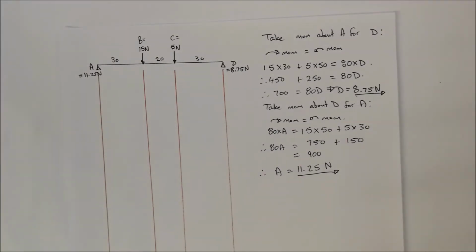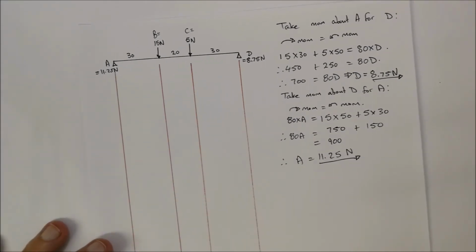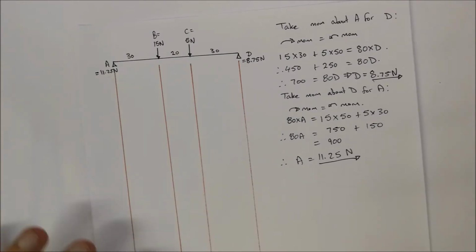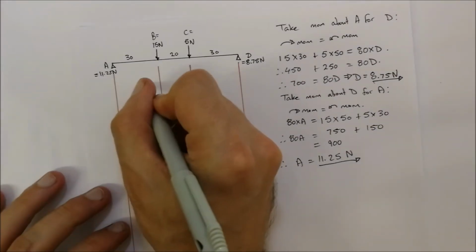Okay, now that we've done that, we need to draw a shear force diagram. Okay, so a shear force diagram is essentially plotting your different points of forces. And to do this, we're going to be again drawing a line to represent our beam. Okay, so I'm just going to write over here, shear force diagram.